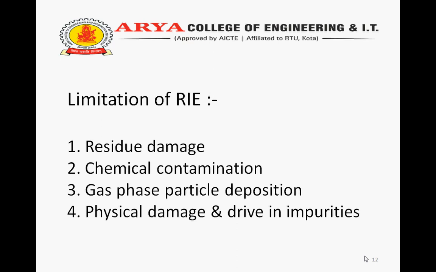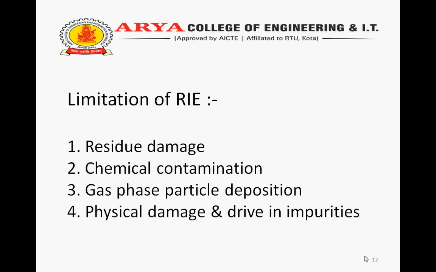To overcome these problems, some techniques have been developed. One of the techniques for their removal includes O2 plasma treatment followed by wet acid cleaning and H2 plasma treatment, but this may increase the complexity of the system. Fourth is physical damage and drive-in of impurities. In RIE, the top 300 angstrom depth portion of the wafer is heavily damaged.